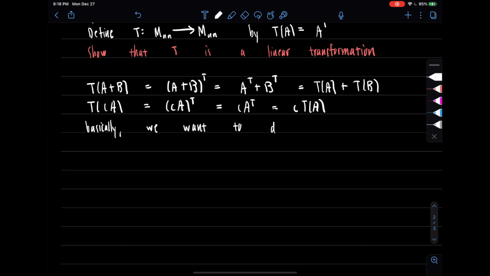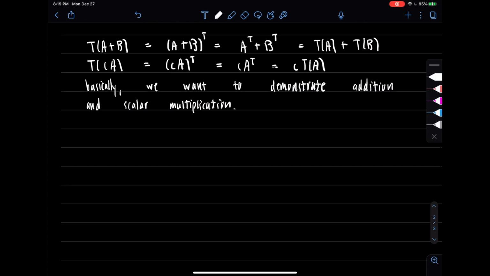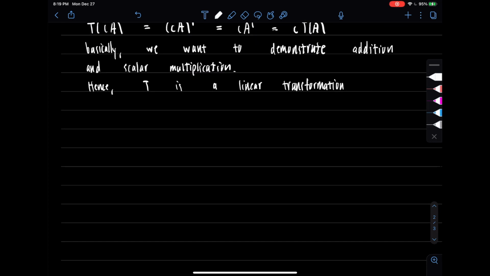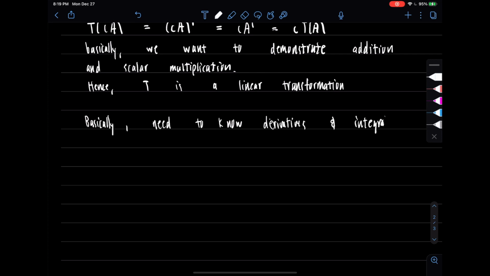Keep in mind that if you are asked to prove that something is a linear transformation later in the homework, you will need to use this kind of proof. Later in this section, we will also see that the differential operator and the integral are also linear transformations, but I do not feel like writing the proof down here, so that's something you just need to know.